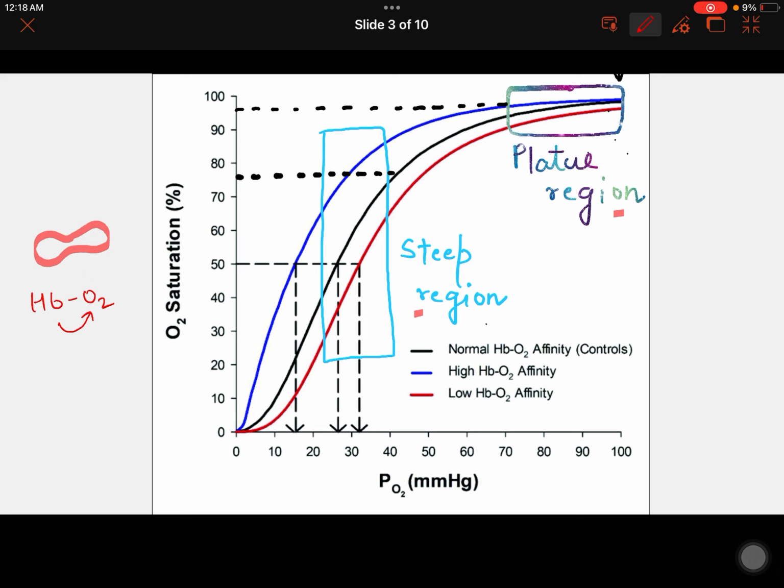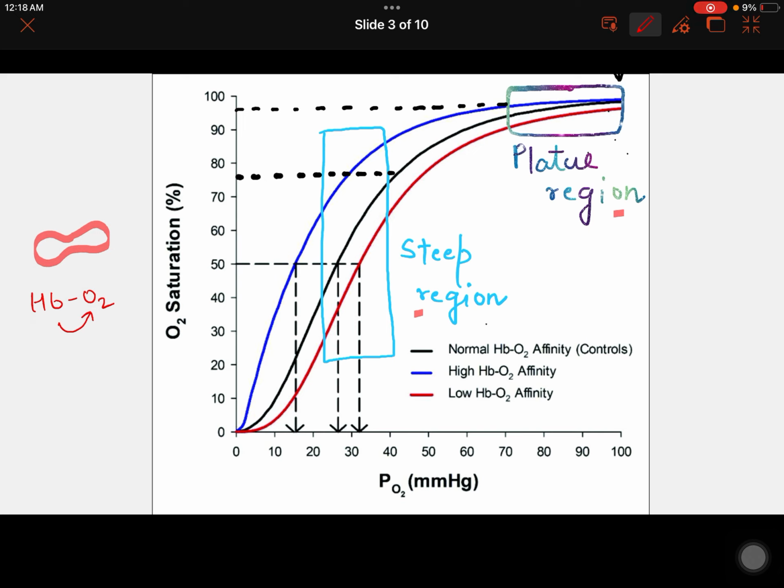This is defined by this graph, the HbO2 dissociation curve: how efficiently the hemoglobin can bind to the oxygen, or whether it will be able to release the oxygen at the tissue level. We will come to know about it in this video.